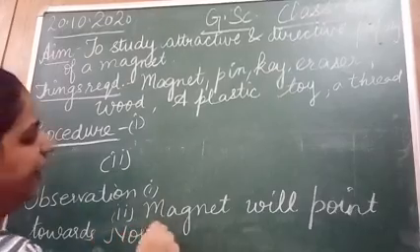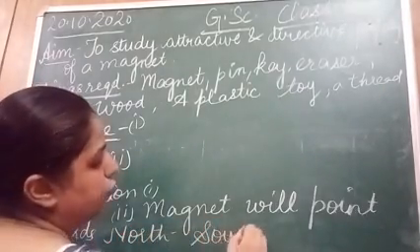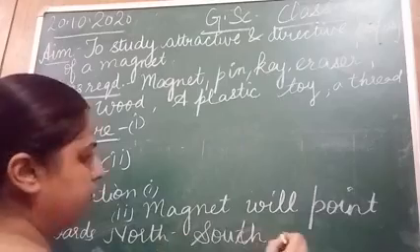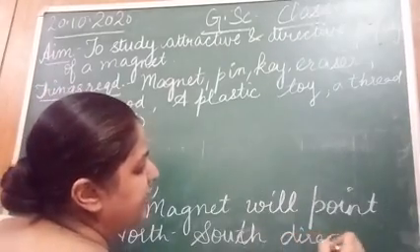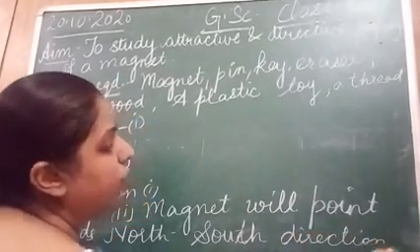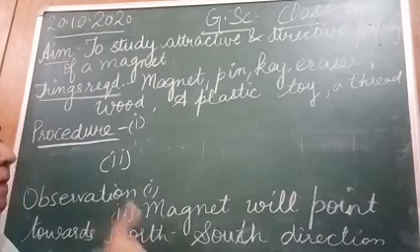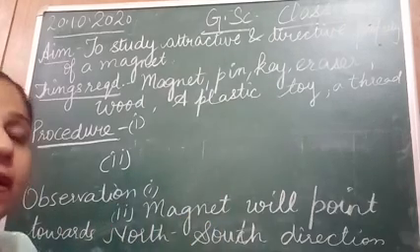You can repeat this process 2 to 3 times. Right? You can repeat it one more time or 2 more times. Again you will observe that the magnet will point towards the same direction.